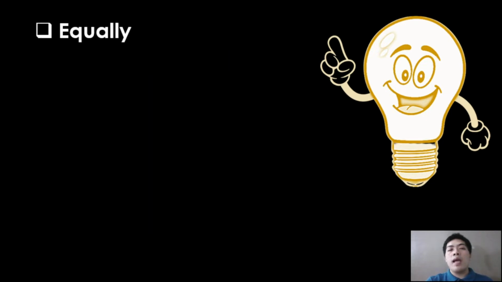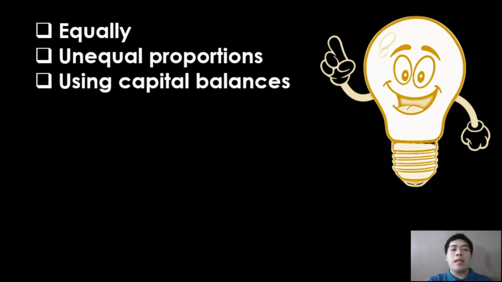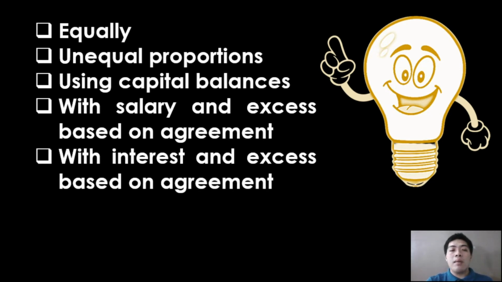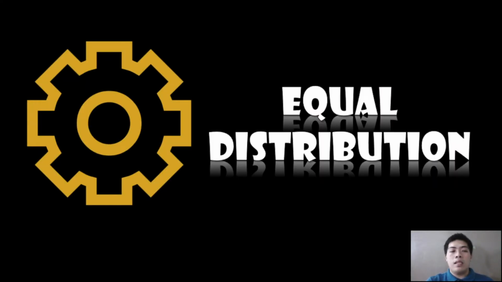So, the partners may agree to divide it equally or unequal proportions or using capital balances or with salaries tapos yung excess based on the agreement, or minsan naman merong interest then yung excess based on the agreement, or minsan naman meron namang bonus at saka yung excess based on agreement, or minsan may combination ng salaries, may interest at saka bonuses. Okay. So start ako dito sa equal distribution.